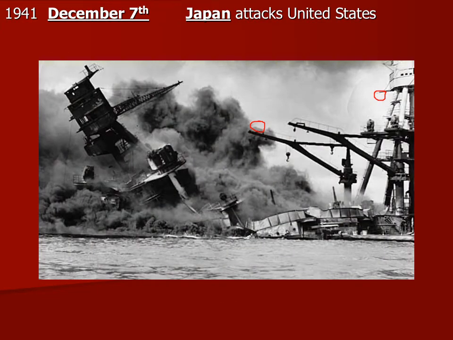What you're seeing here is this particular photograph is a picture of the USS Arizona, a ship that will be sunk in the harbor of Pearl Harbor. There's two ships that are unrecoverable because of the attack on Pearl Harbor. One is the USS Arizona, and the second one is the USS Oklahoma.